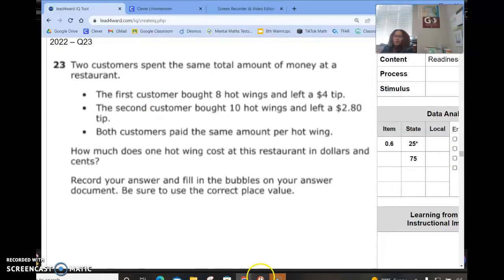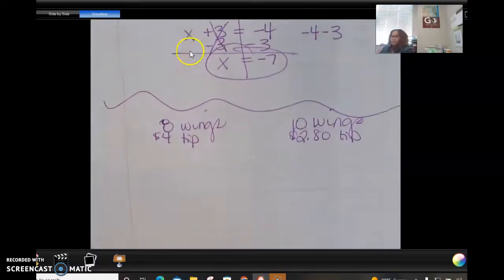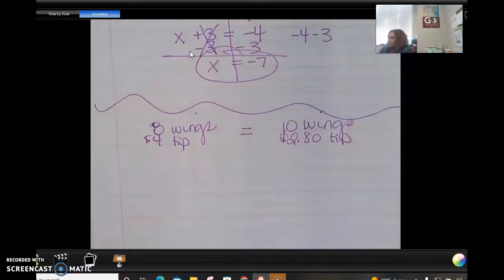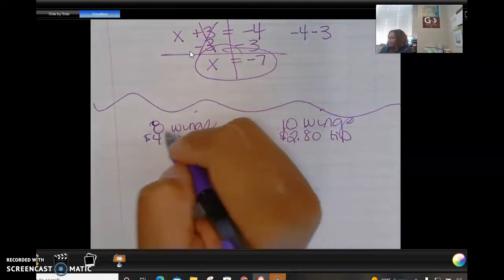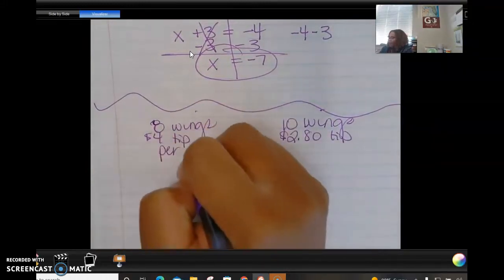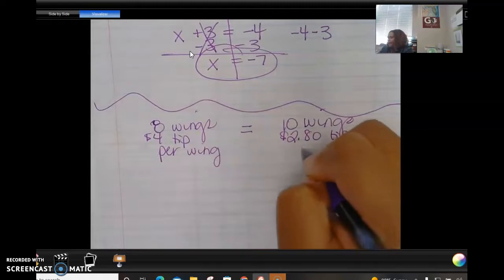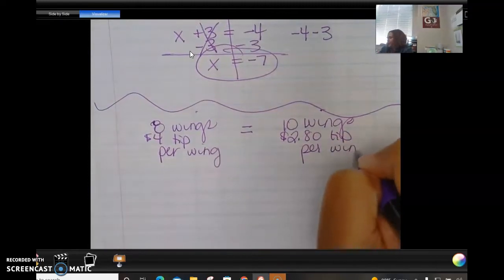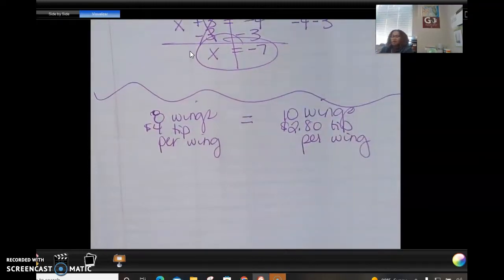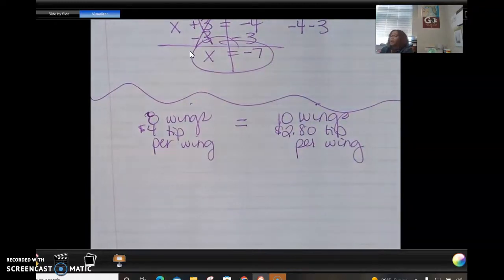I need to write an equation, and then I need to show that they're equal. And this is the same amount per wing. Where does the variable go since it's per wing?